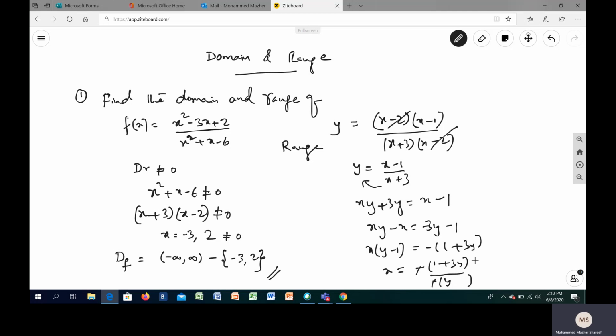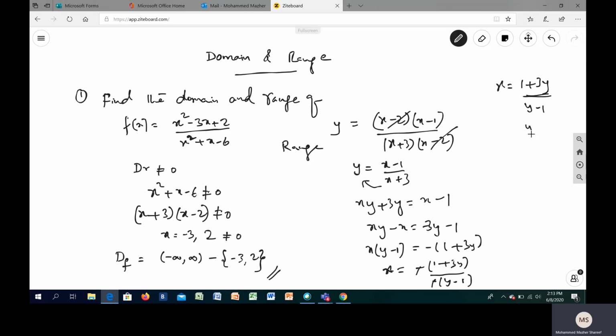So we got the dependency, that is x in terms of y. After having got x equals negative of 1 plus 3y over y minus 1, we are getting again a rational function. So y is defined for all except 1.